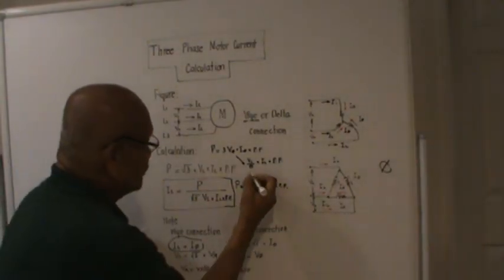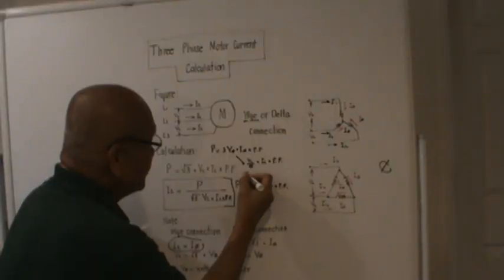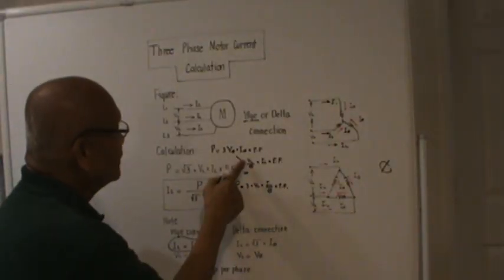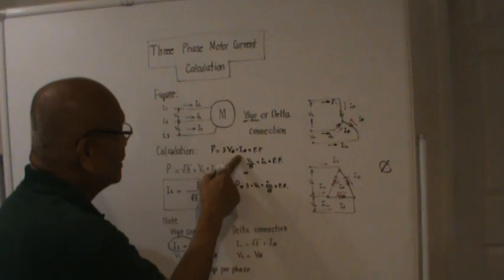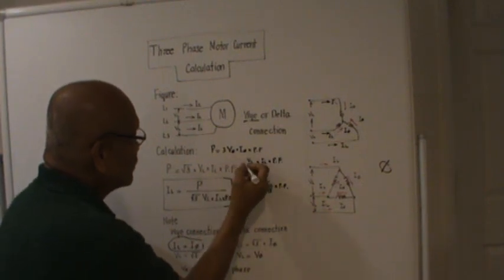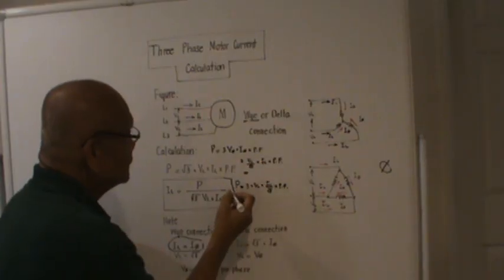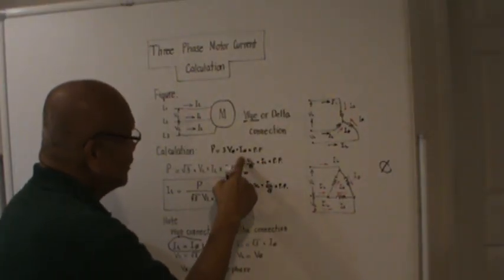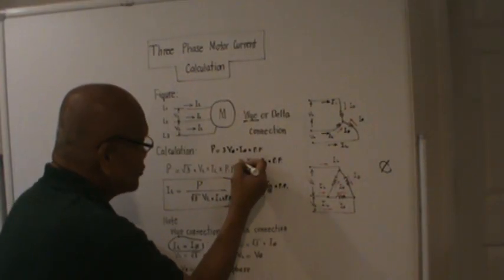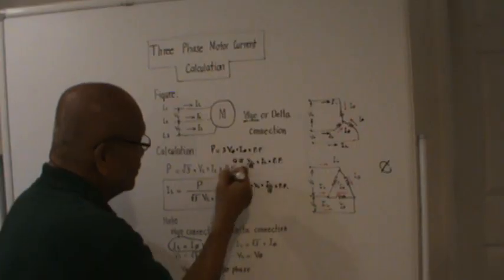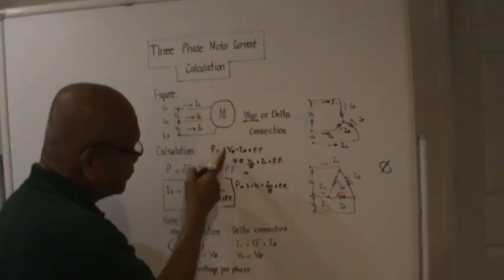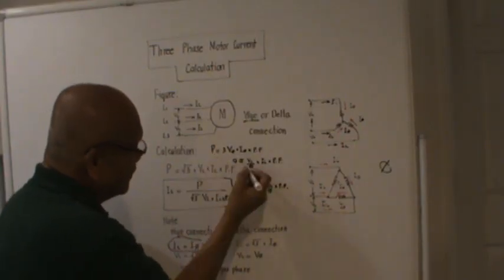So if we try to simplify this, what will happen? I will try to continue here. There is a 3 here. But 3 could be written as square root of 3 times square root of 3. Square root of 3 times square root of 3 is actually 3.